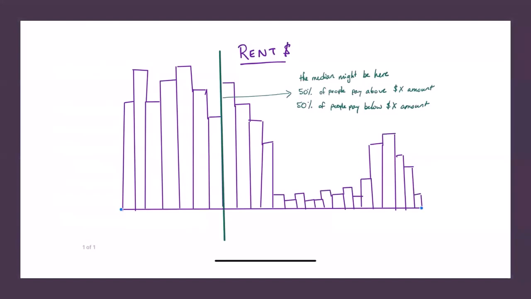But the median here would fall at a much lower point in the data, as it would show where the middle mark in terms of number of scores is. So 50% pay above the median rent dollar value and 50% pay below the median rent dollar value. So in this way, the median is impervious to outliers, as it isn't influenced by the actual value of each data point. It's only influenced by the number of data points in the set.